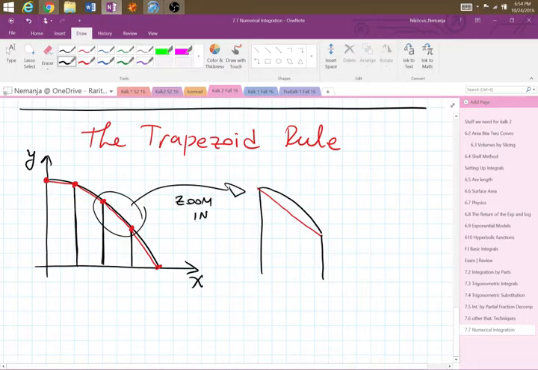Zoom in. This is your delta x. Let's say this is your x2, this is your x3. This is your f of x2, and this is your f of x3 in terms of the height. Those are the y values.